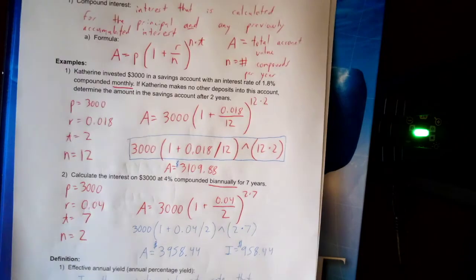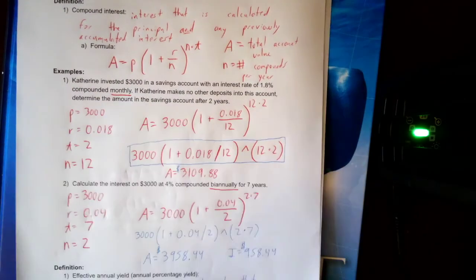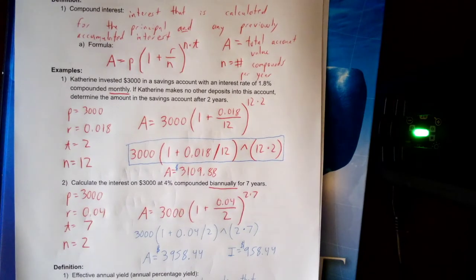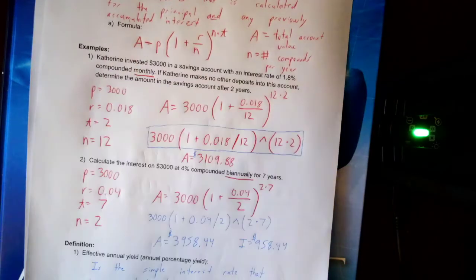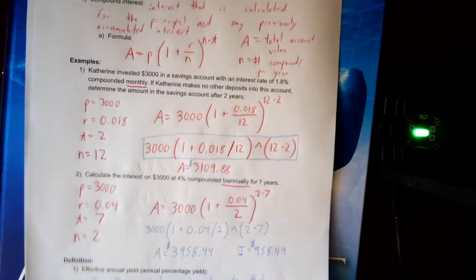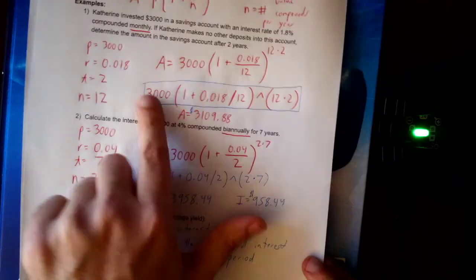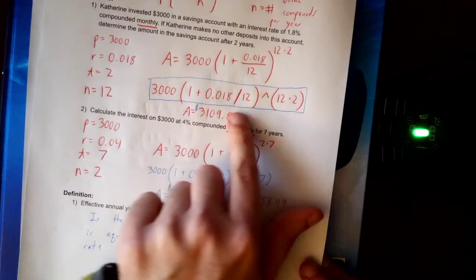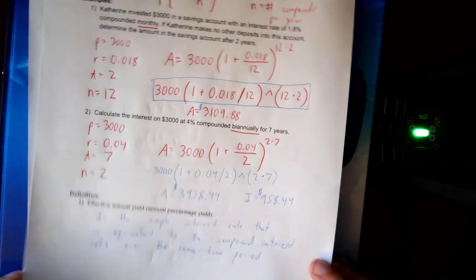Maybe you go to the bank and they tell you, hey, we can give you this interest rate compounded monthly. But then you go to a different bank and they say they can give you a different interest rate compounded biannually. Well, the formula can tell you which will be a better investment for the time frame you're looking to invest. And these tips and tricks I gave you for typing into Google can help you calculate those.